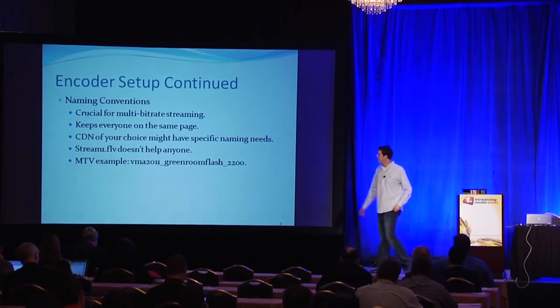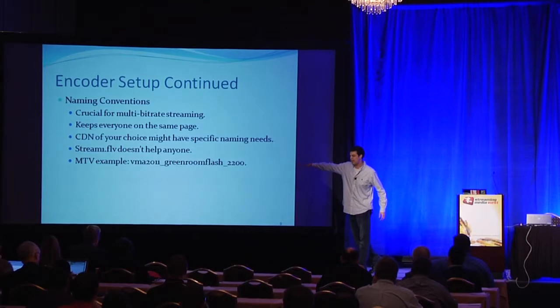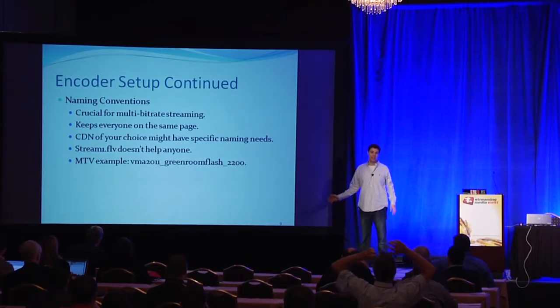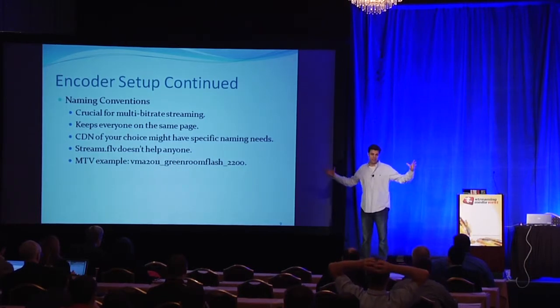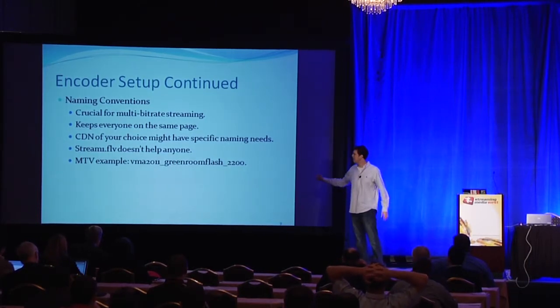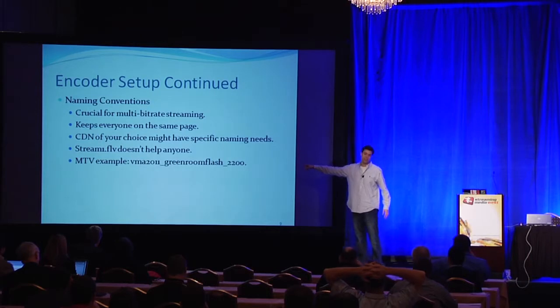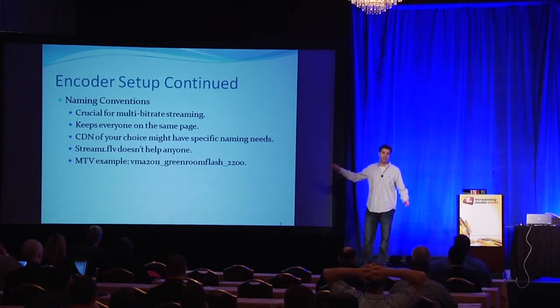It's VMA 2011, it's the bottom thing, underscore greenroom flash underscore 2200. It's slightly cryptic. I don't have an infinite amount of characters to work with, but VMA 2011 is the Video Music Awards from 2011. I now know what event we're talking about.